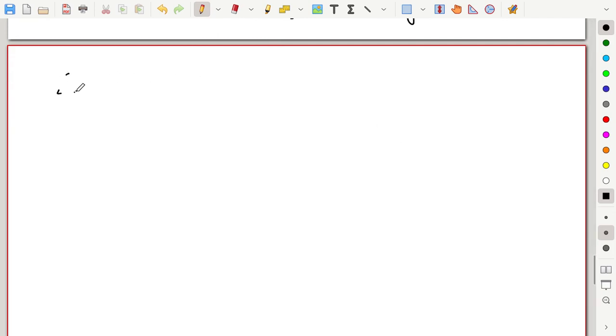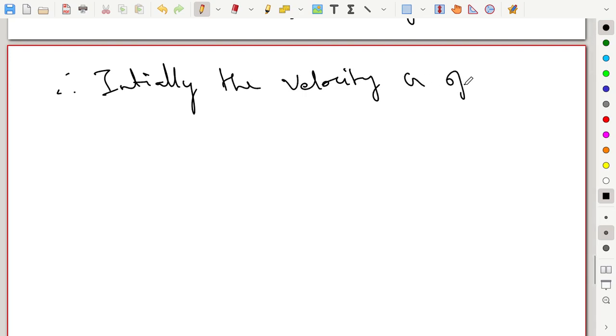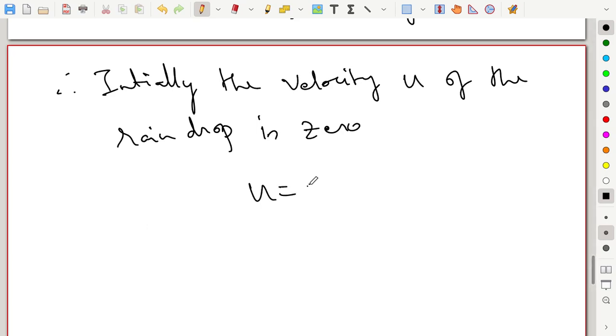Therefore initially the velocity u of the raindrop is 0. So initial kinetic energy equals half m u square, which is equal to 0.